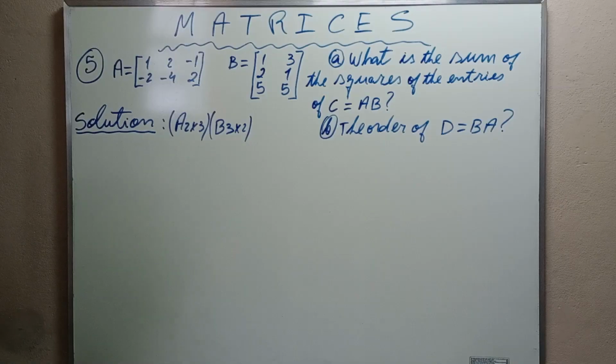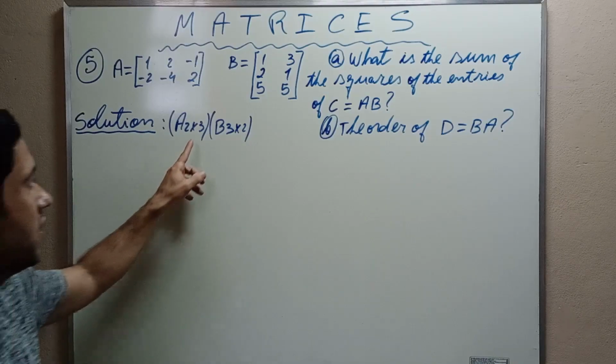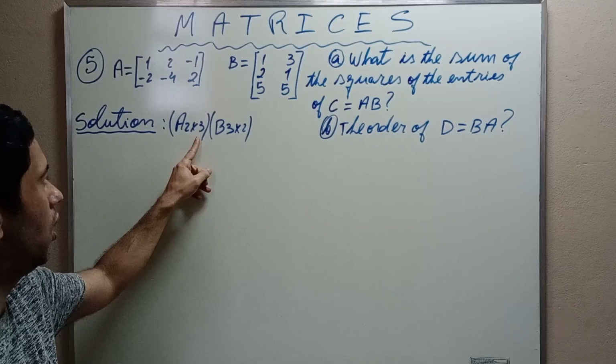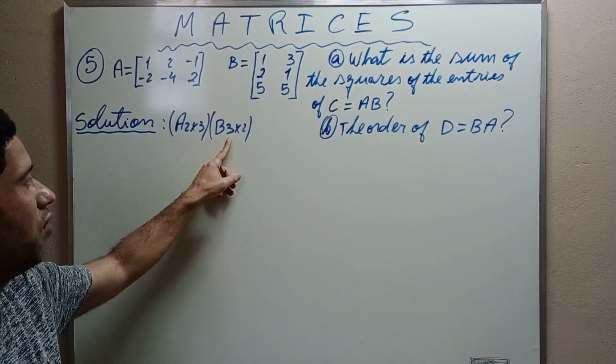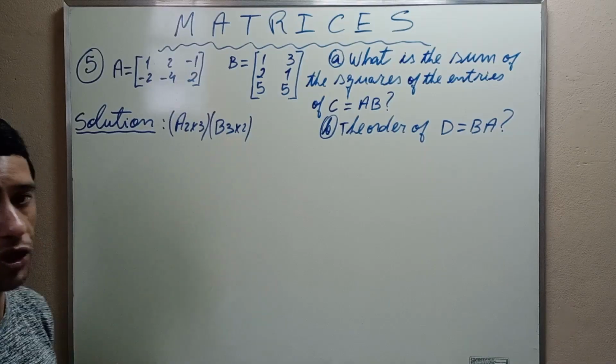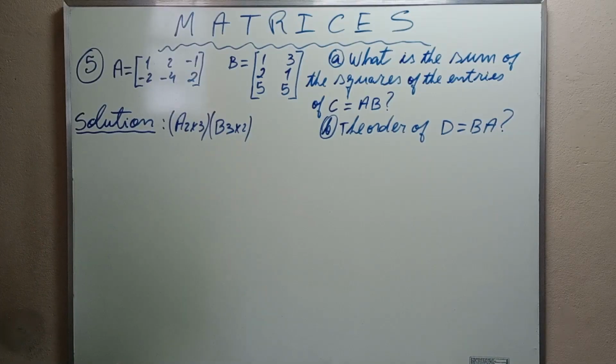And the condition for multiplication is that the number of columns of A has to be equal to the number of rows of B. If this condition is verified, then multiplication is possible, okay?